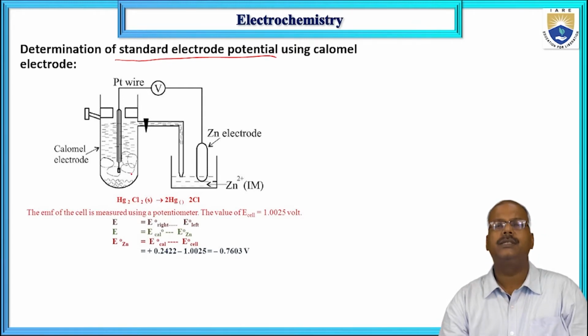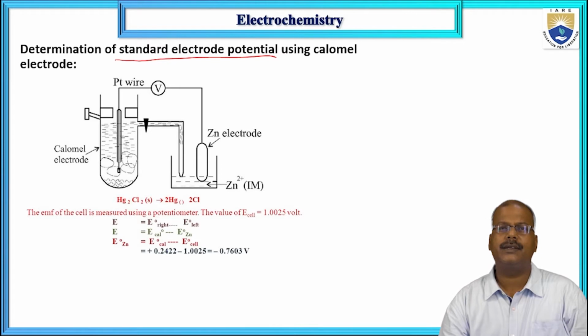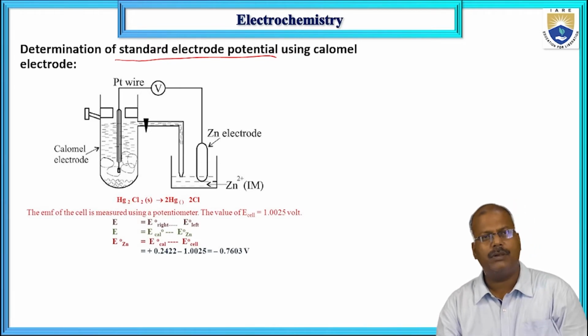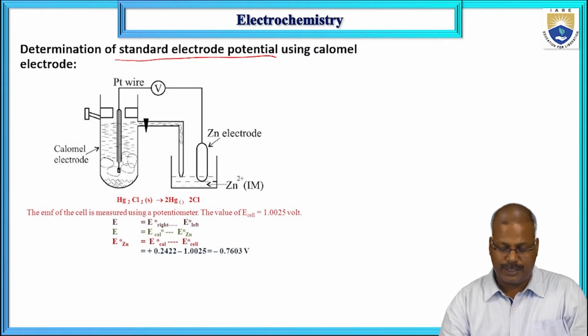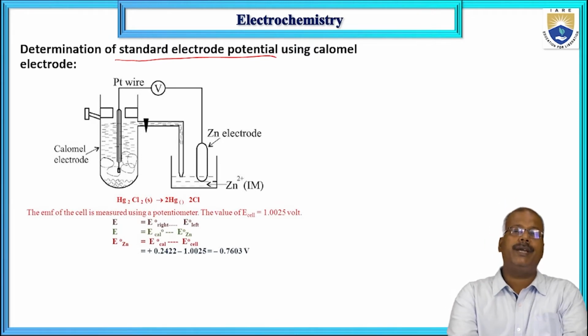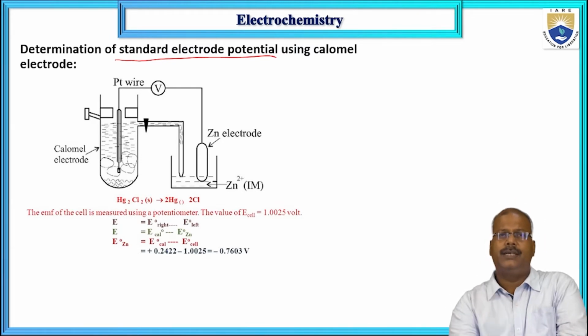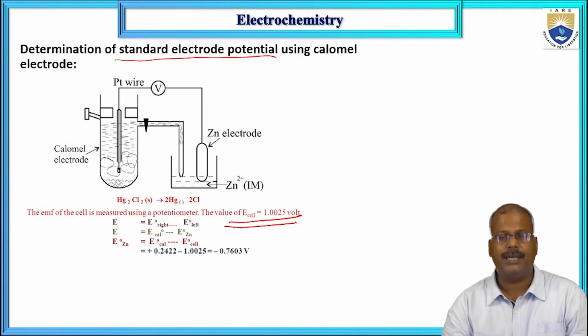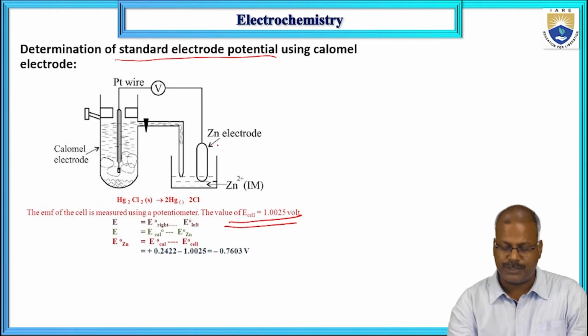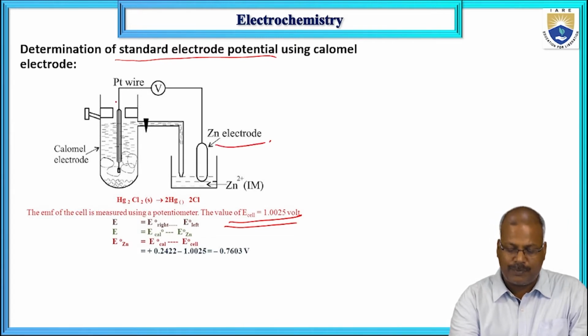This calomel electrode can act as an anode or cathode depending on the system with which it is attached, and it is indicated by the direction of the movement of the current. Here we have used a zinc electrode and a platinum wire for conduction, and the calomel electrode is connected.